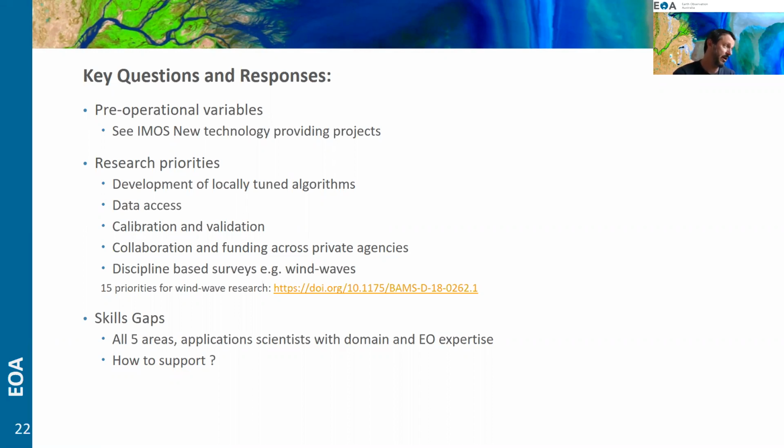And then the research priorities, there were a number. I just tried to group them in there. And it is fortunate that for some of these areas, and I included the link there, there were Australian communities looking at priorities for wind wave research, which have been put in the survey, and have identified what's required.